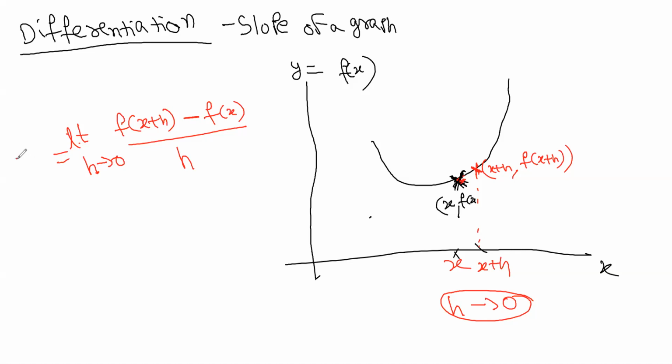This is a representation of f dash of x. This is nothing but dy by dx. This is the differentiation. How we got this formula. This is the formula for calculating the differentiation. The name of this is called first principle of differentiation.